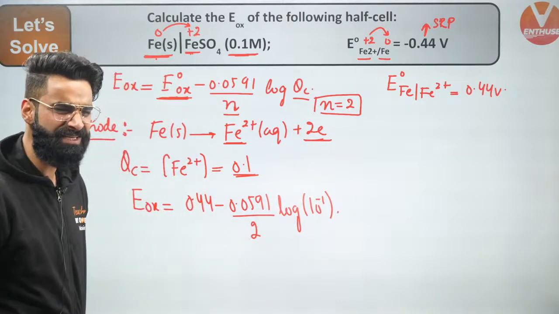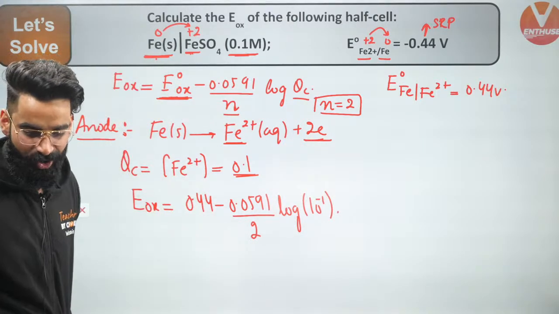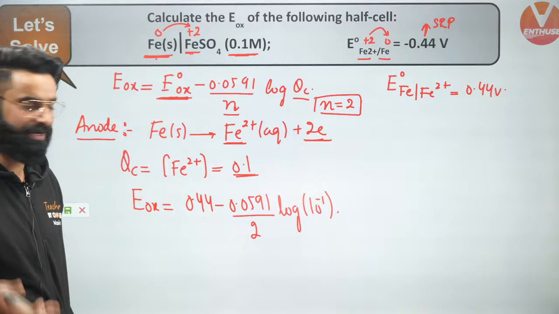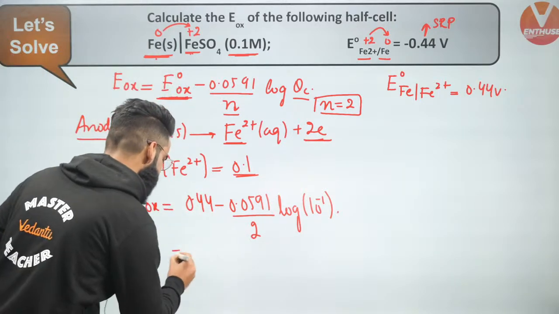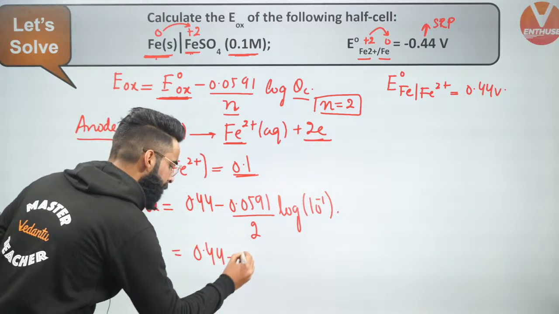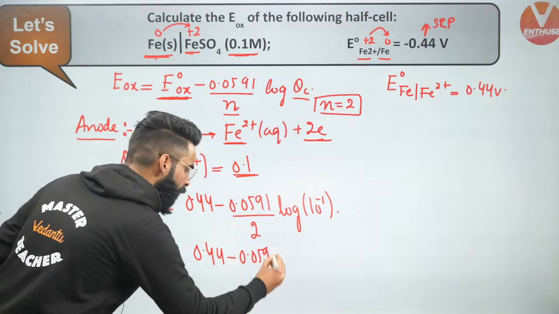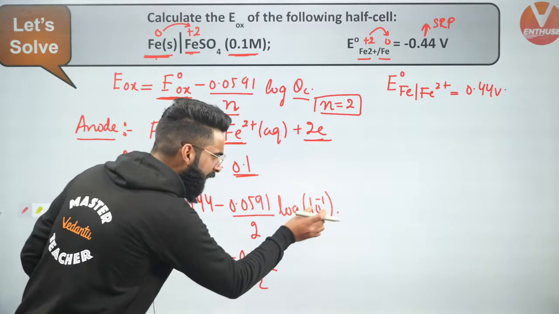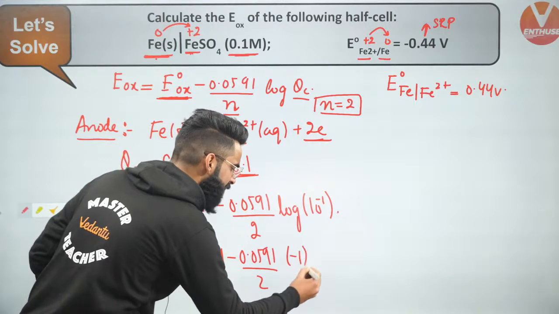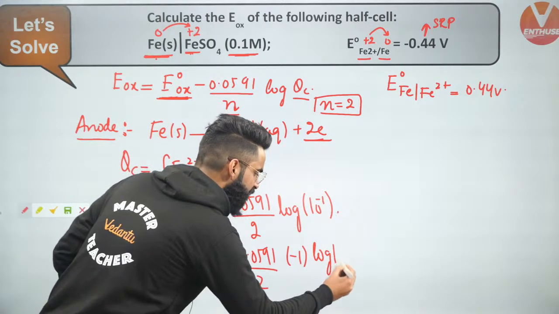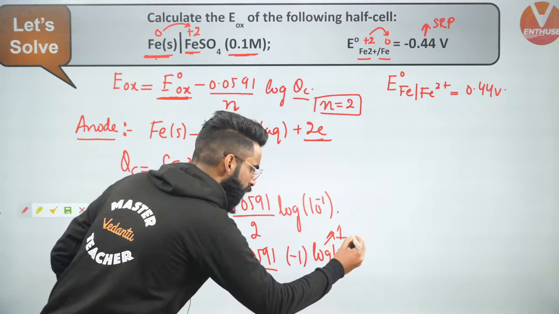Now, can't we simply solve this question and get the value of oxidation potential, which we were supposed to calculate? Absolutely. It's going to be simply 0.44 minus 0.0591 divided by 2, log of 10 to the power minus 1. Log of m to the power n is always equal to n log m, and we know log of 10 to the base 10 is always equal to 1.